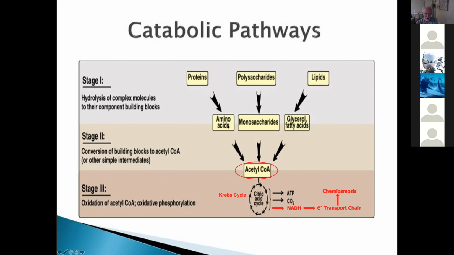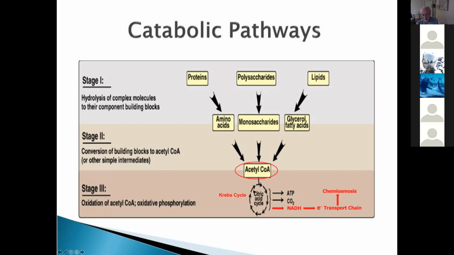So proteins can be broken down into amino acids, polysaccharides into monosaccharides, and lipids into fatty acids or glycerol. All of these can be converted to acetyl-CoA. And acetyl-CoA will start the Krebs cycle.